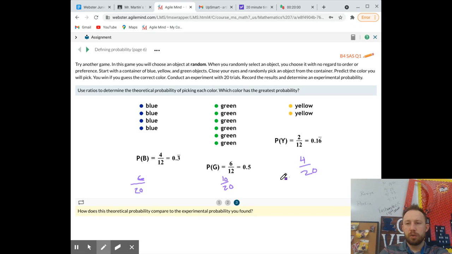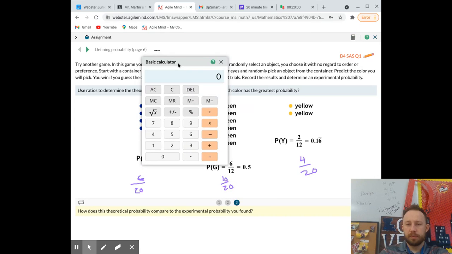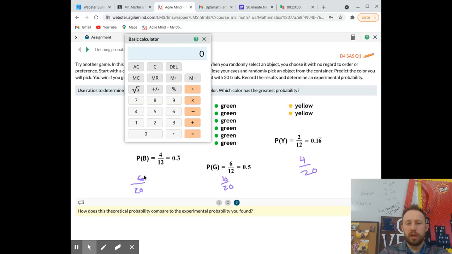All right, so we're going to do a little bit of math and see how close we are. Because this is actually the same amount of cubes that I had in the bag. So what would I do to get my experimental probability? 6 divided by 20. Good job, girls.